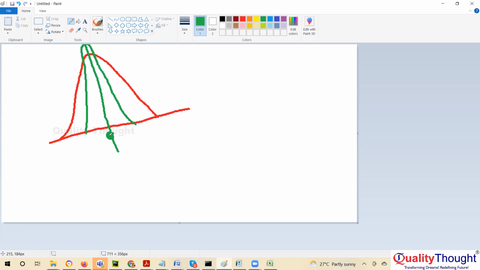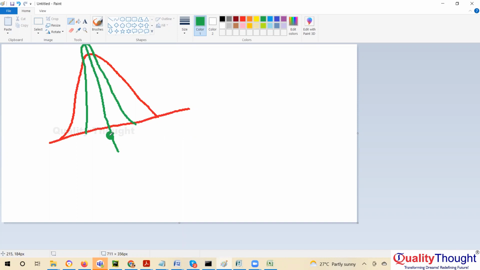Both will have the same mean, the same mode, the same median, and all the 6 values will also be the same, because both are normal and at the same point.